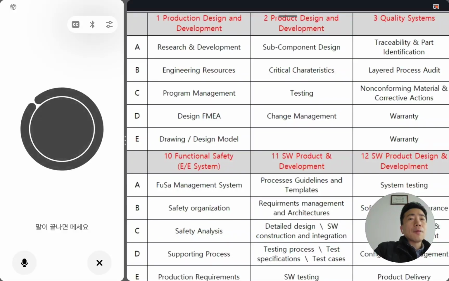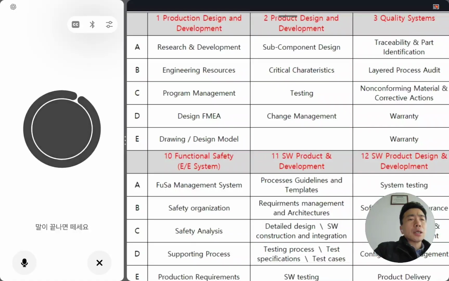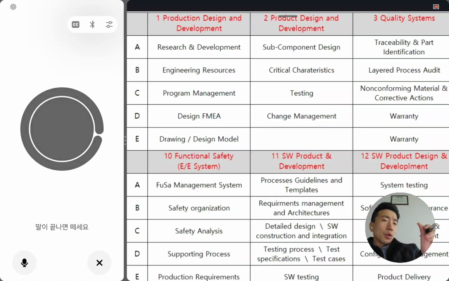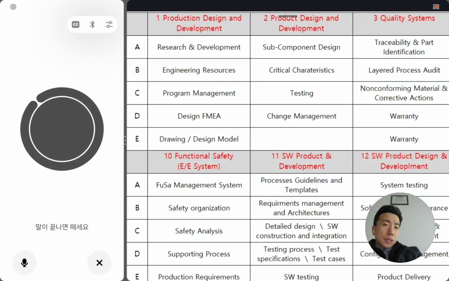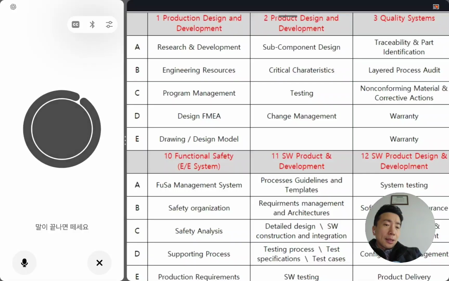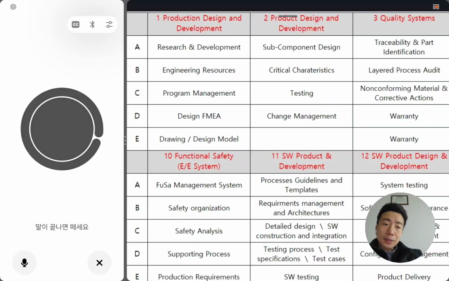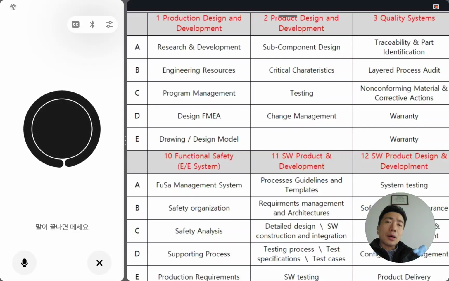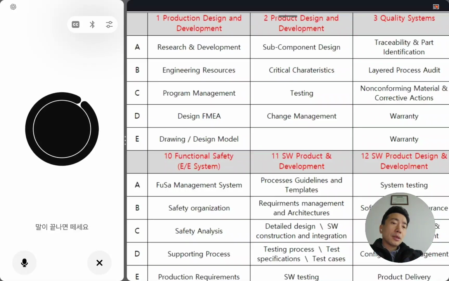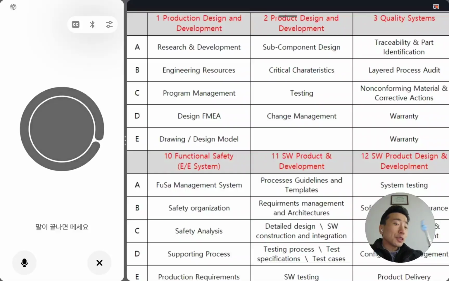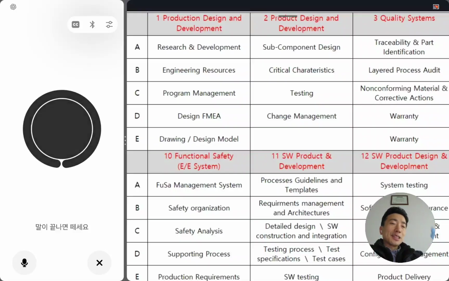I put this image on my screen, so I'm recording all these images, but I can't say where these agendas come from because it's confidential information. I mean, the customer's name is confidential. I'm sorry about that.